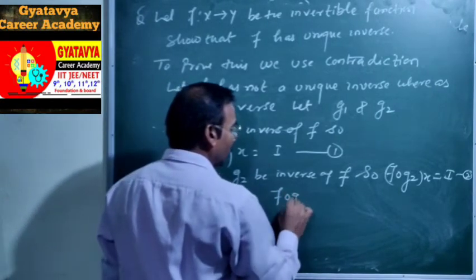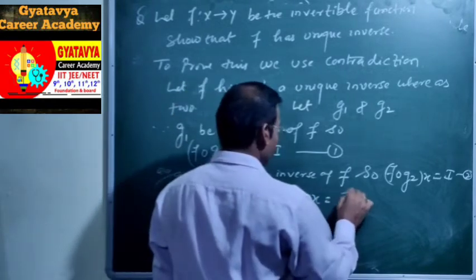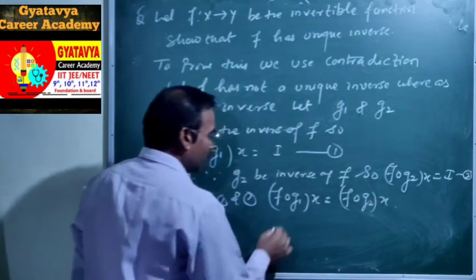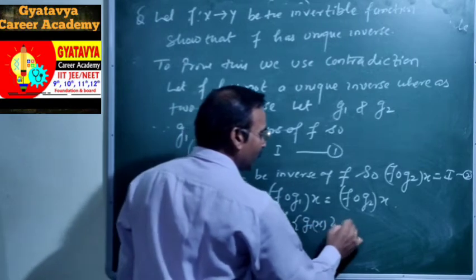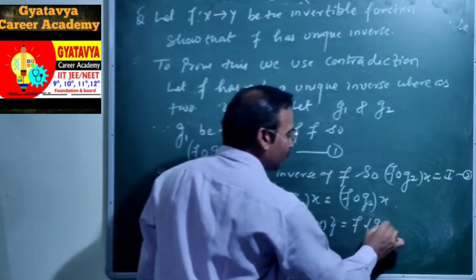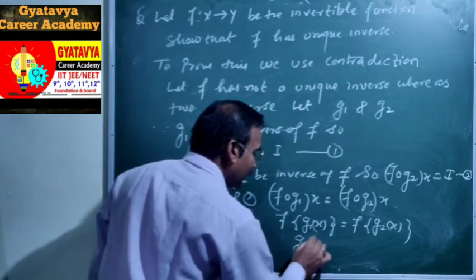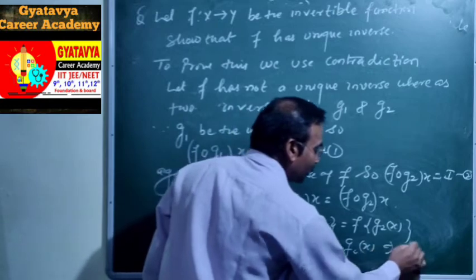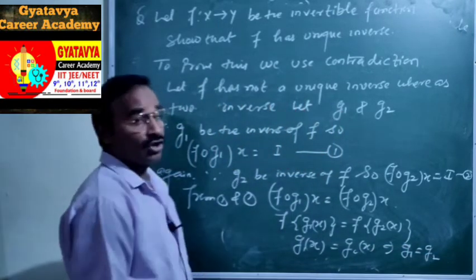So f of g1 of x equals f of g2 of x. Now so g1 of x equals g2 of x, so g1 equals g2. So our supposition is wrong.